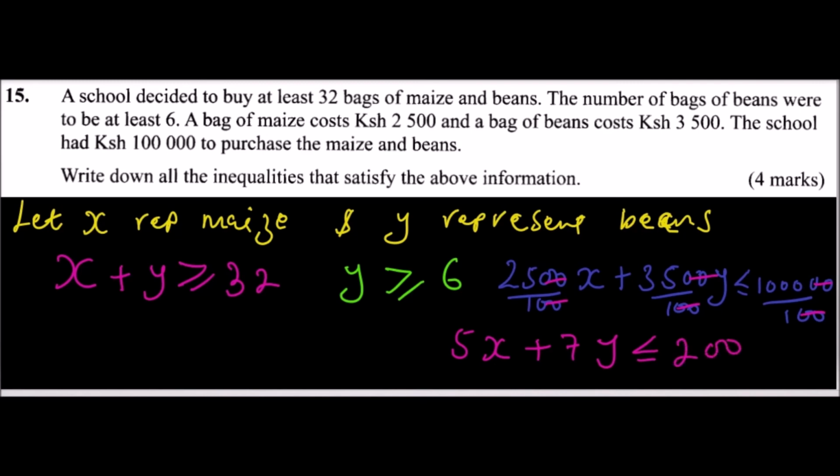So these are the three inequalities that describe the information given, and the marks to be awarded: 1 mark there, then another one there, and this one, and then for the answer you get 1 mark.